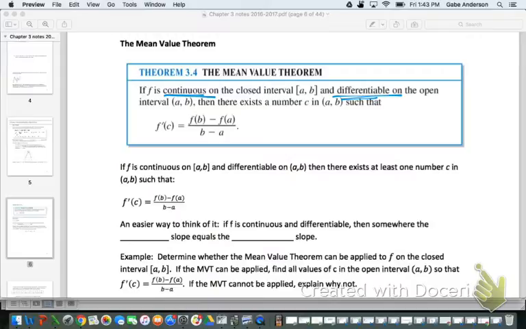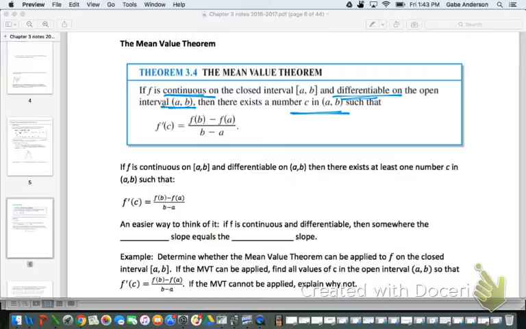If there's no wormhole, no teleporting, and no special car that can brake or accelerate instantly, then those two things are true. Then on the open interval, A to B, in other words, on your trip from point A to point B, there exists some number C within that interval, and here we go.